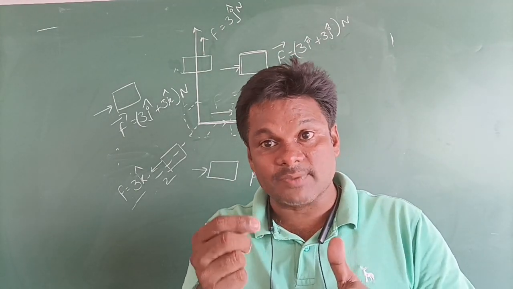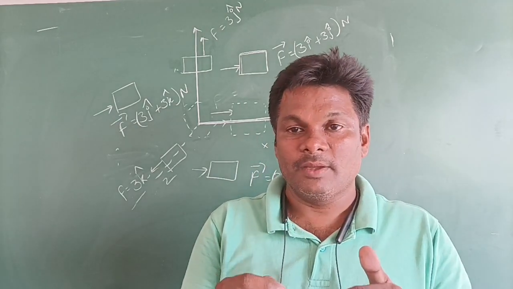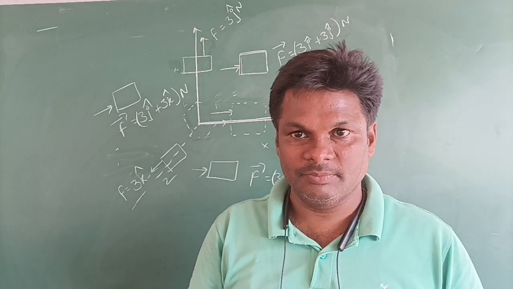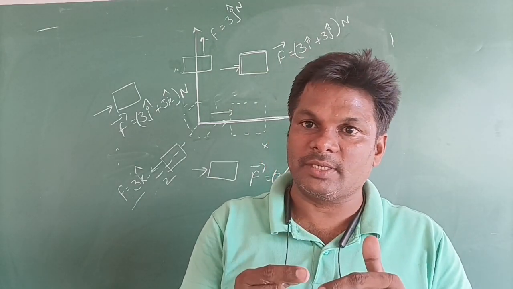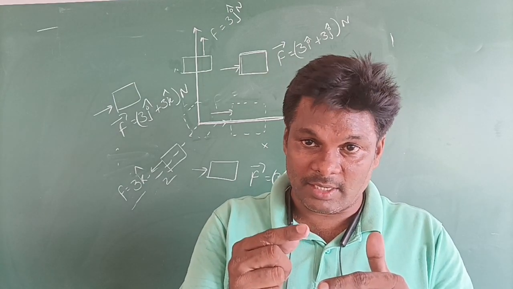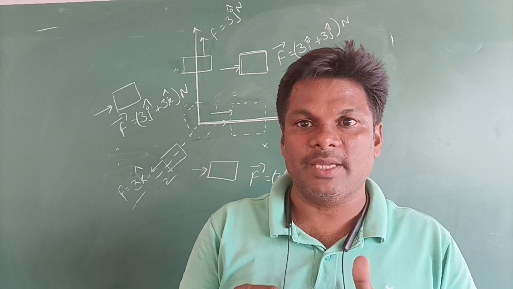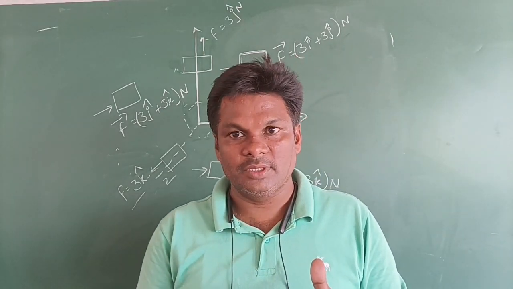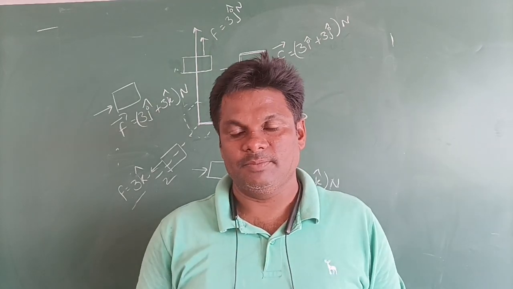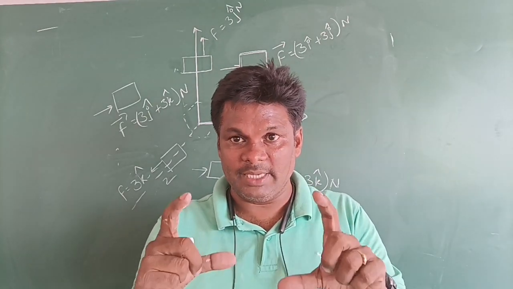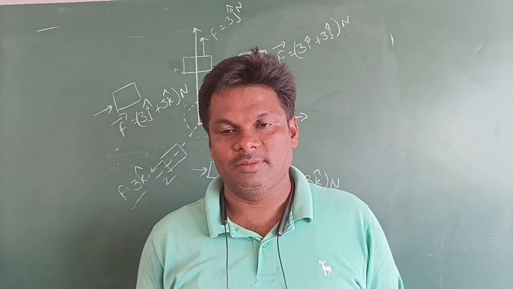If it is in the xy plane, you need to mention the force vector with i cap and j cap. If it is in the yz plane, with j and k. Suppose it is in the xz plane, you need to mention the force with i cap and k cap. This is about the basic vector notation of a force.